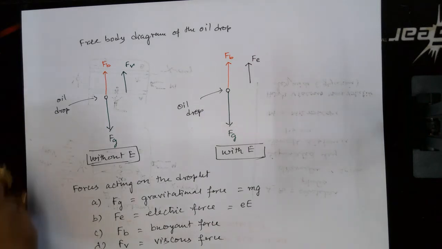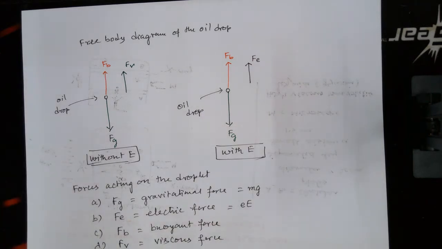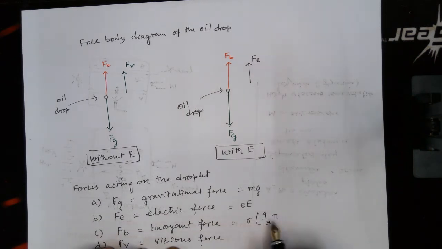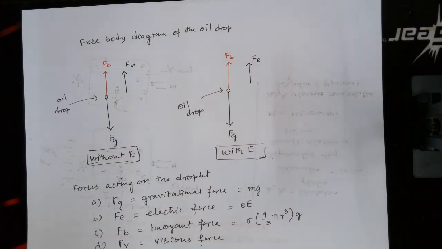In fact, the buoyancy force is given by sigma into 4 by 3 pi r cube into g. This is called the buoyancy force, where sigma is the density of air.